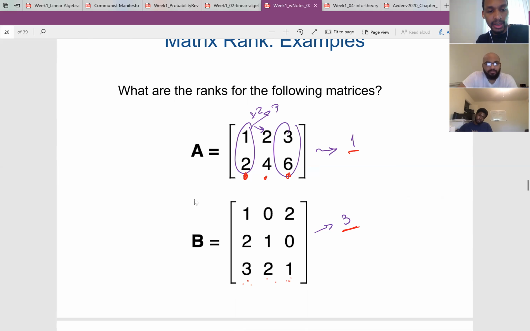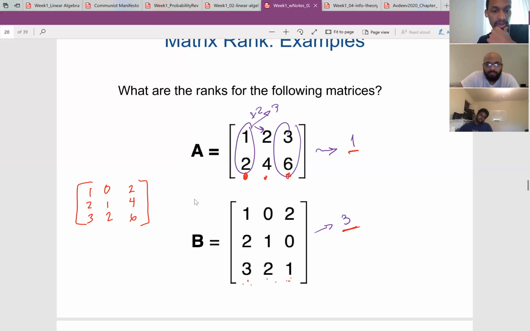Well, let me just think about it. So if I have something like this, 0, 1, 2, and then let's say I wanted to do 2, 4, 6. So for the row rank, oh yeah, I think you're right.